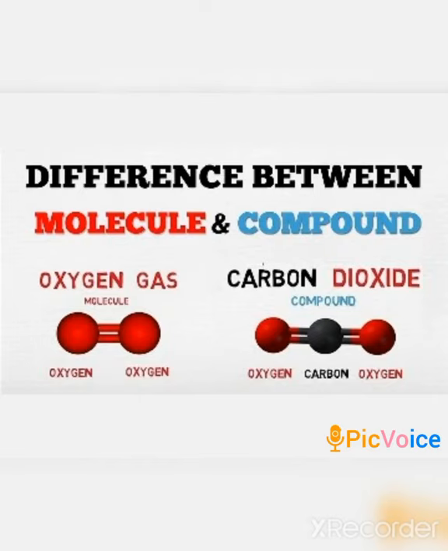As we have studied what an atom is and what is meant by molecules, you can find the difference between molecules and compounds in this image. Generally oxygen, which exists in nature with two atoms in it, is a molecule, whereas carbon dioxide, which is made up of atoms of two different elements, is a compound, wherein there is one atom of carbon and two atoms of oxygen in it.